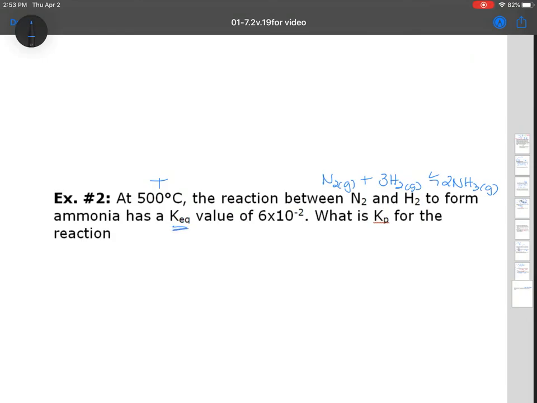As before, we have the Keq value, and we're asked for Kp. So R would also be given on a test or quiz. Then temperature does need to be in Kelvin.